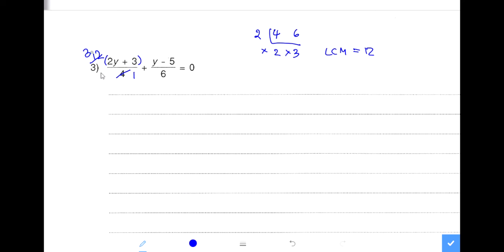This number 3 will be multiplying to that group of 2y plus 3. So I'm going to write 3 times 2y plus 3. I'm done with this group now.